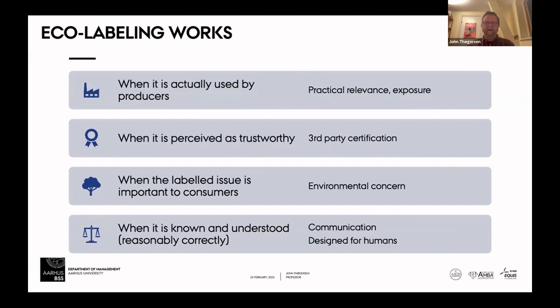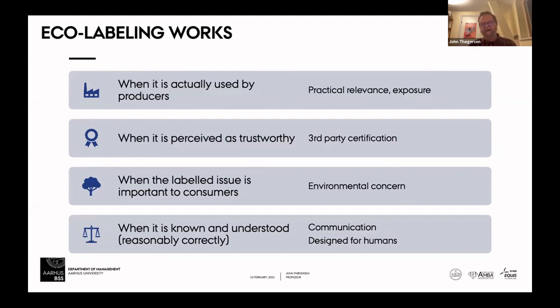An eco-label helps the environmentally concerned consumer to make the right, intended choice, which means that the label actually works for consumers that are informed and concerned about the environment, but it doesn't work for consumers or in contexts where consumers are not concerned for the environment. And of course, it doesn't work for consumers for whom the eco issues are not important.